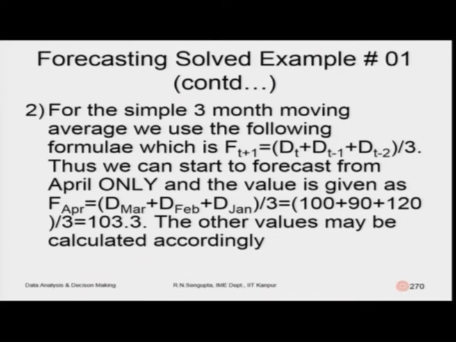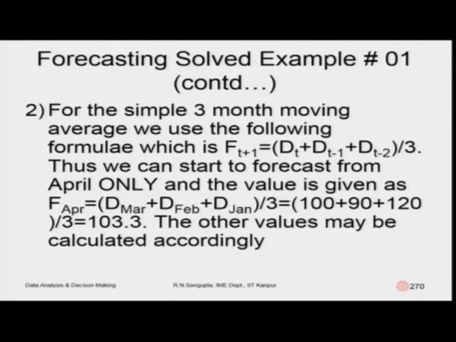So, if you are trying to find the forecast for t plus 1, then I utilize the demand for t, t minus 1, and t minus 2, with equal weights of 1/3, 1/3, 1/3, which is 33.33% each, and the sum is 1. Thus, we can start forecasting only from April, because April will use January, February, March, and I have written it this way.